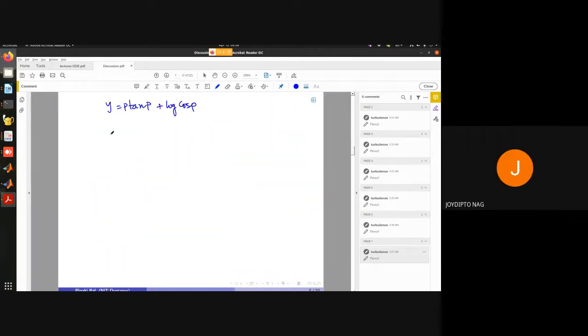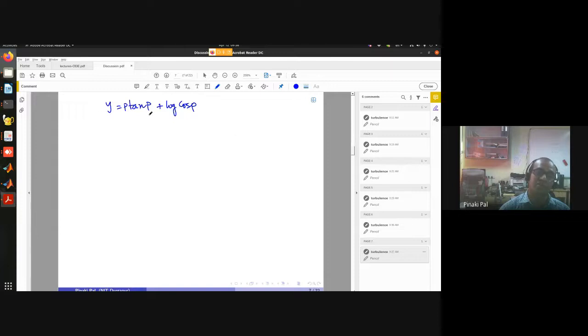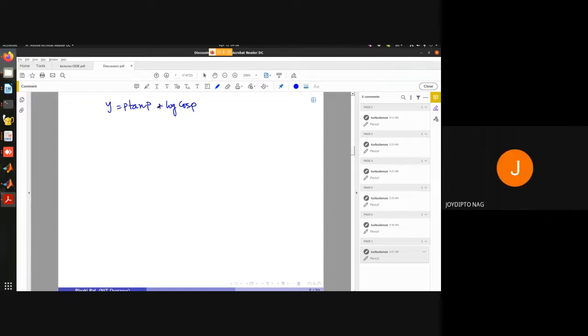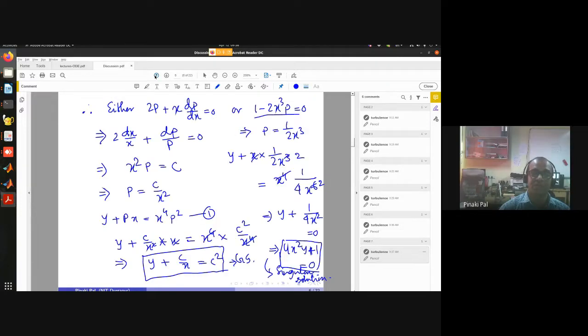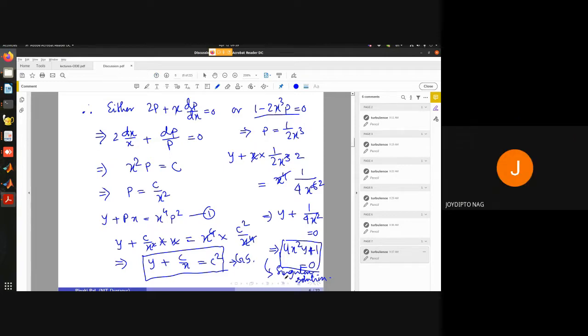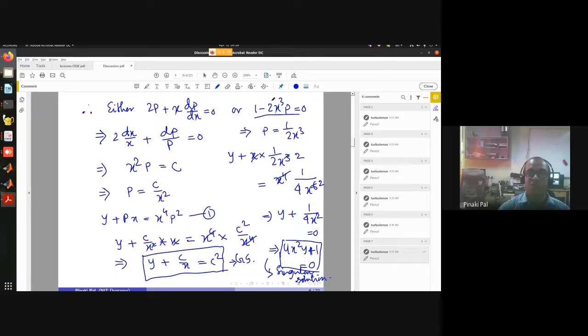Sir, here p equal to 1 by 2x cube. Are you talking about the previous one? Okay. This one. Sir, after that, what did you do? P equal to 1 by 2x cube. So we consider the next factor. Okay. So the first factor gave us the general solution.